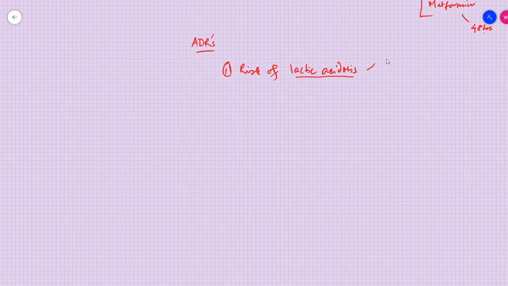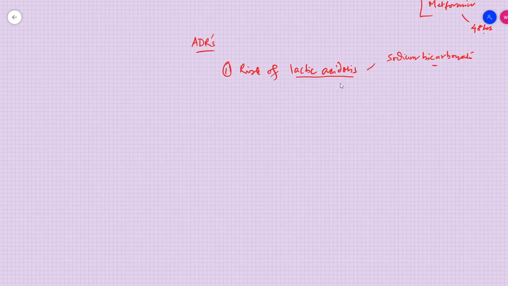Lactic acidosis is managed with, you're right, sodium bicarbonate. Okay. So as acidosis is managed with a base, in this case it is sodium bicarbonate. Okay, so there is a risk of lactic acidosis.